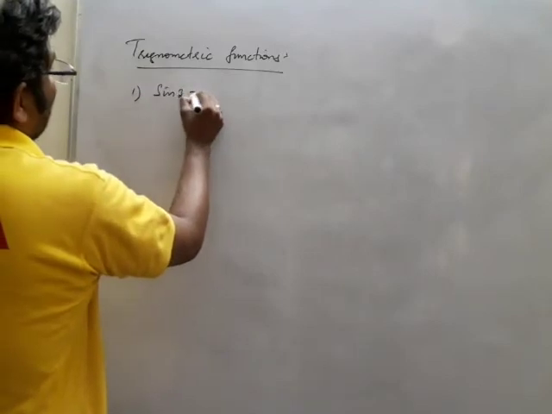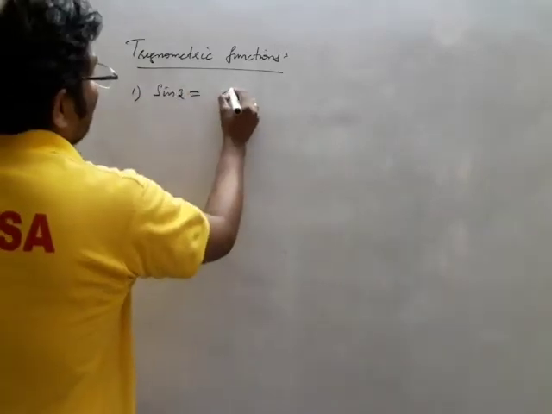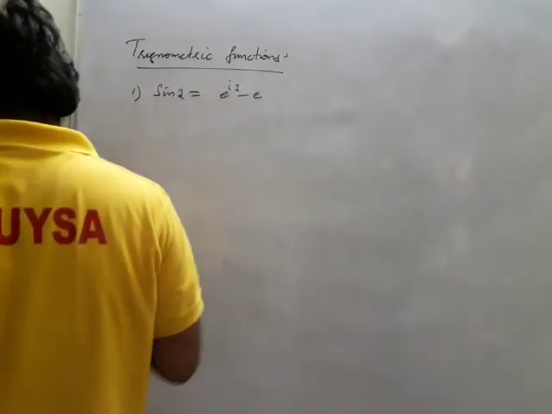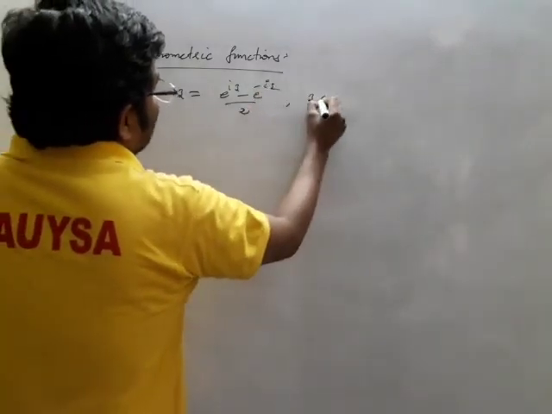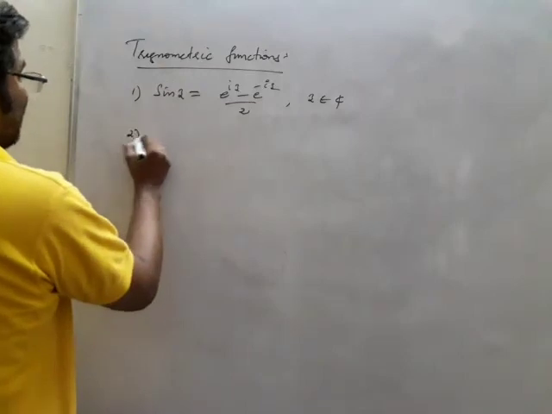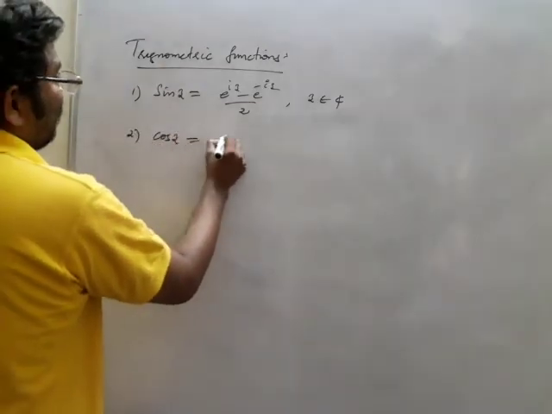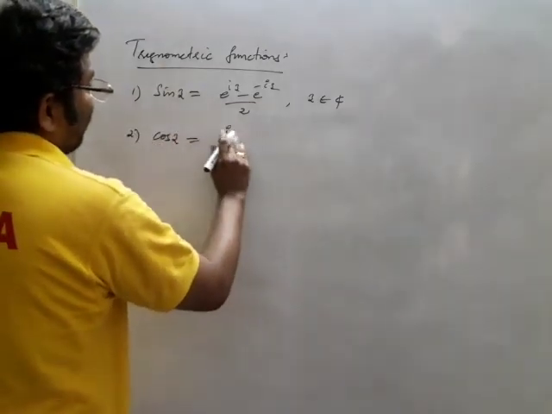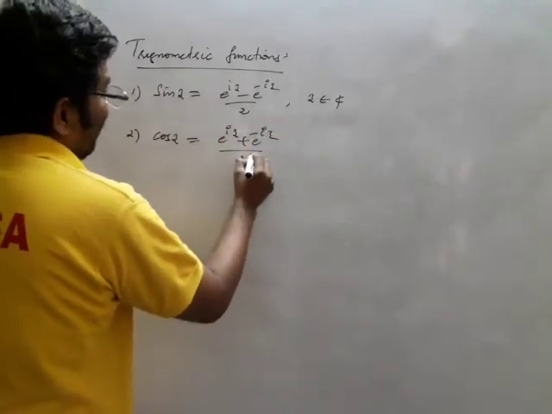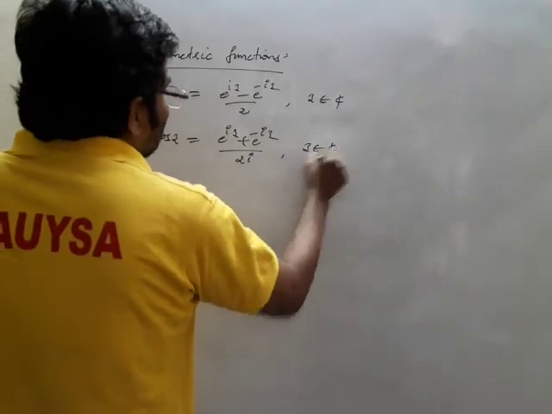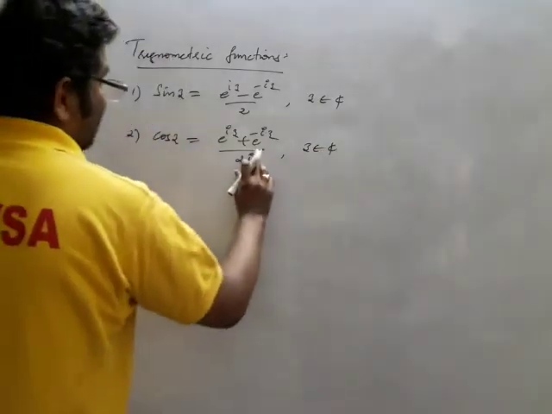Sin z is equal to e power iz minus e power minus iz by 2i, where z belongs to the complex numbers. This is sin z. Cos z is equal to e power iz plus e power minus iz by 2, where z belongs to the complex numbers.